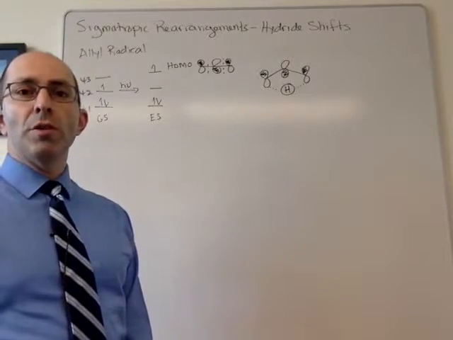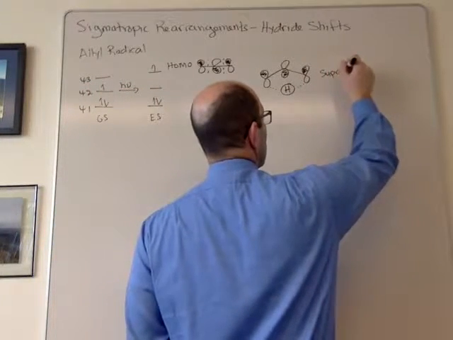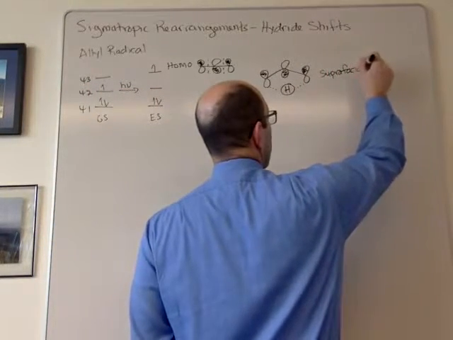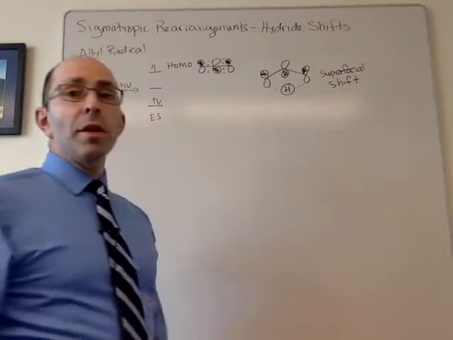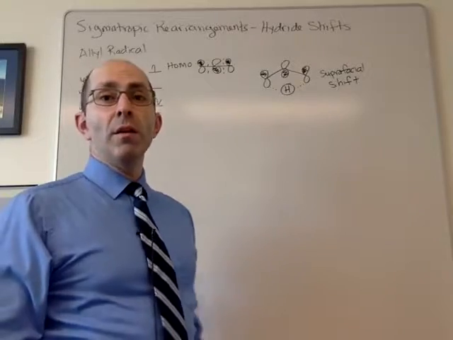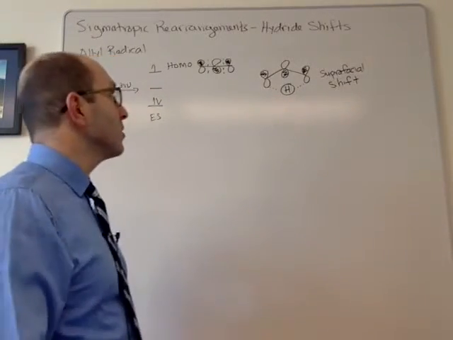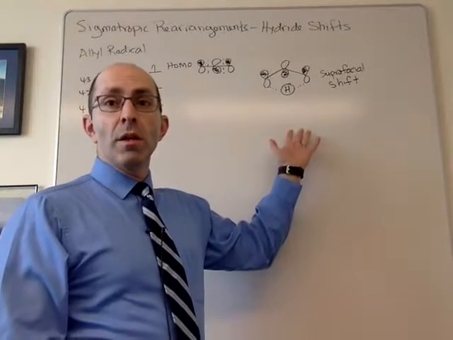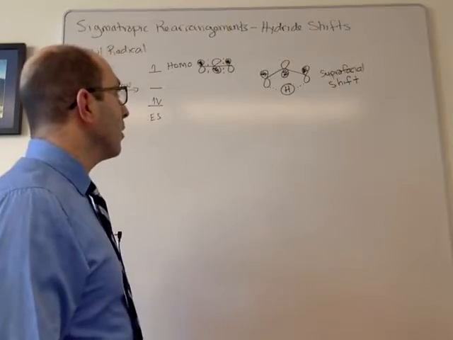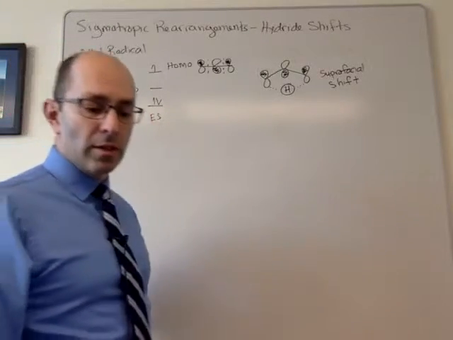And so the terminology that we've been using for this is we would say this is a suprafacial shift. Right, again, much like a syn addition to an alkene, we're forming and breaking bonds on the same face. Okay, so a suprafacial shift is possible, right? That's something that will occur and that will be possible. And again, only in the excited state, so it has to be excited.